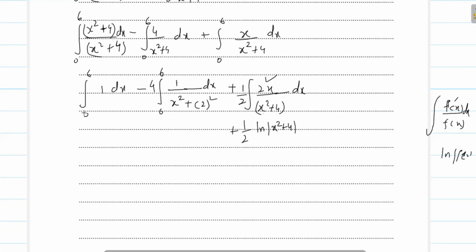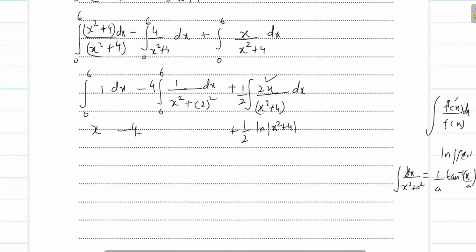We take the integration of 1/(x² + 2²), using the formula for 1/(x² + a²) dx, which equals 1/a tan⁻¹(x/a).